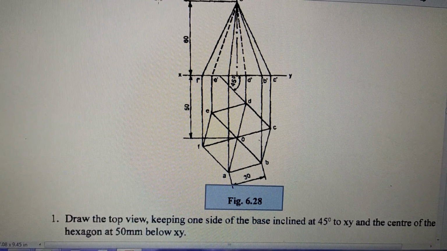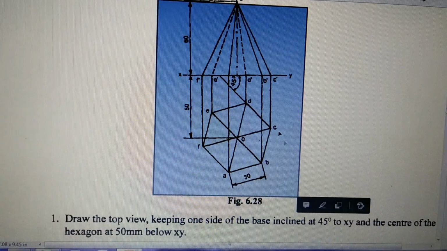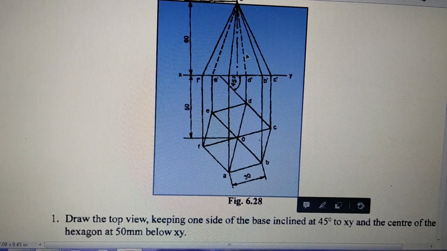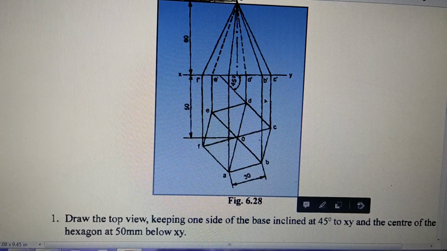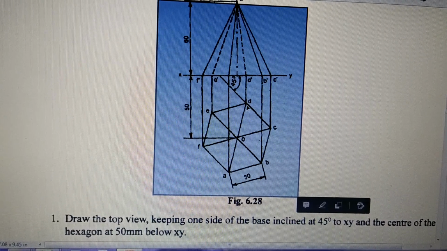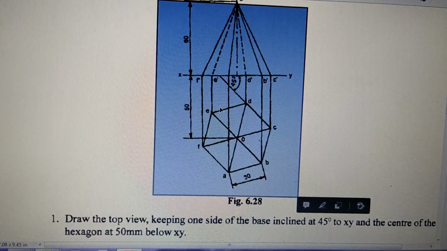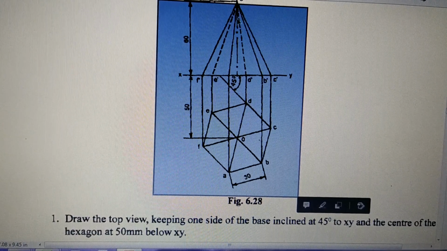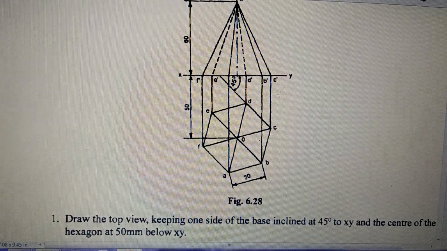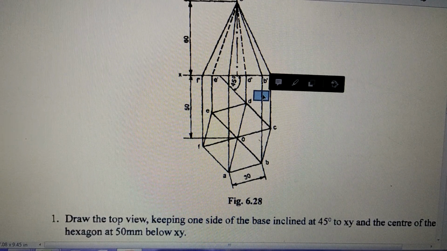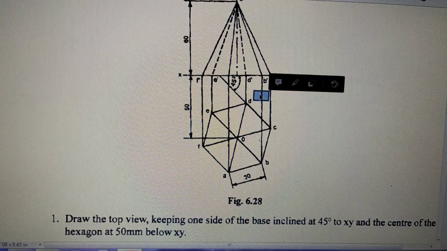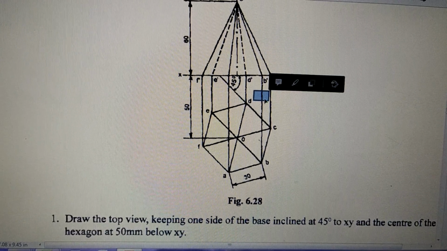Now please listen again. If you look at this figure, you have to draw it as it is. Of course, you have to understand and draw. But while drawing, certain changes you have to make. For example, this object is a hexagonal pyramid, so you have to draw only this hexagonal pyramid dark. But these lines which are there, what is this line? This is a construction line. This is not the actual object. You have drawn it for reference.